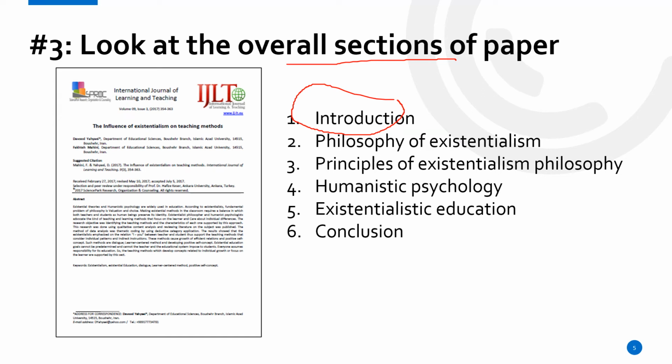So, yang ni ialah artikel yang lebih memusatkan kepada penjelasan. So, it's a review article. Review article dia akan ceritakan pasal subjek tersebut lah. In this case, what is the philosophy of existentialism? What are the principles of existentialism?